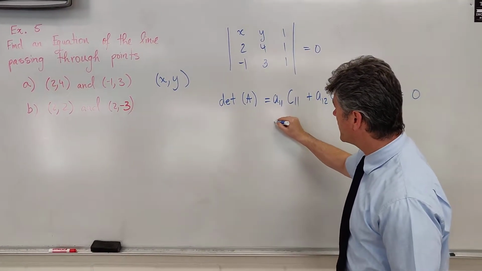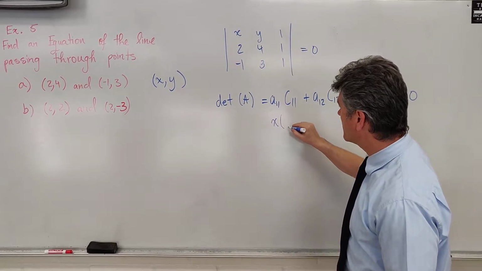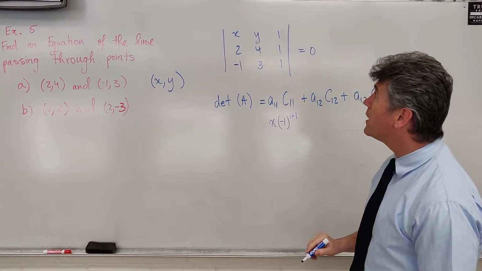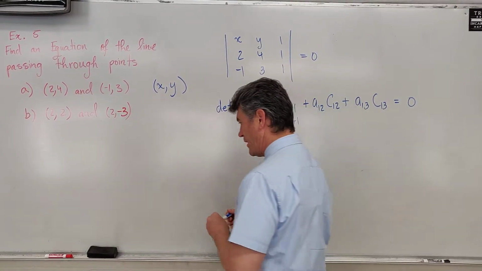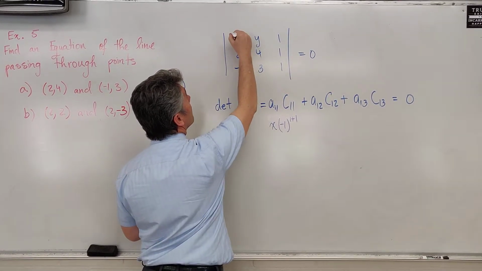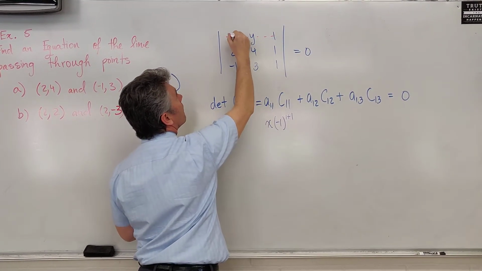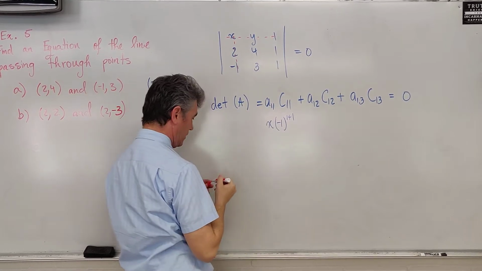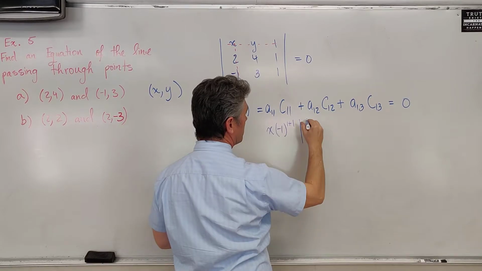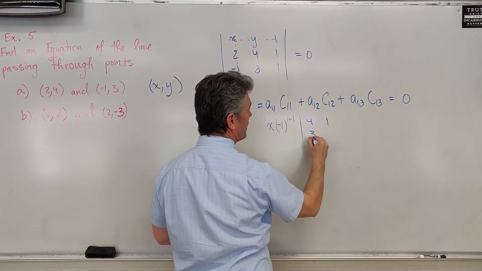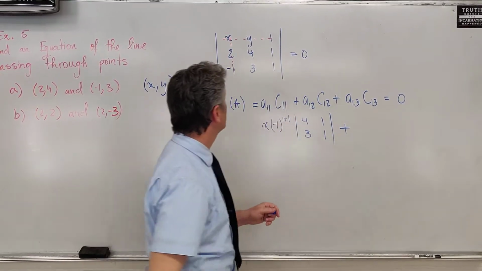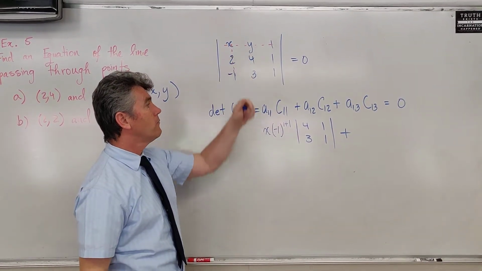So A11 is equal to x times -1 raised to the power of 1 plus 1, times the determinant of the matrix that is formed by eliminating the first row and the first column. So this is 4, 1, 3, 1.